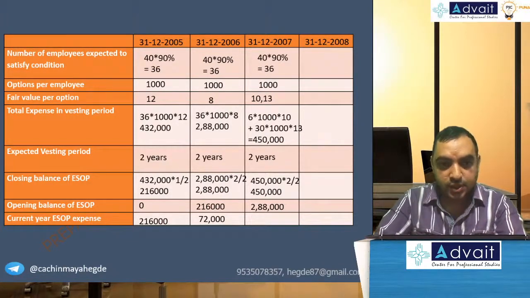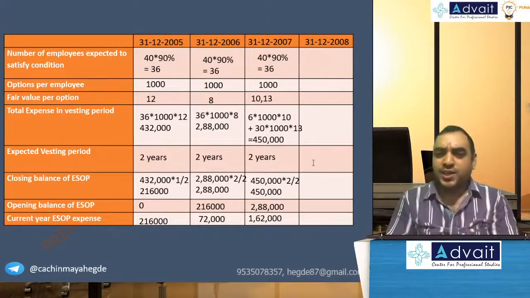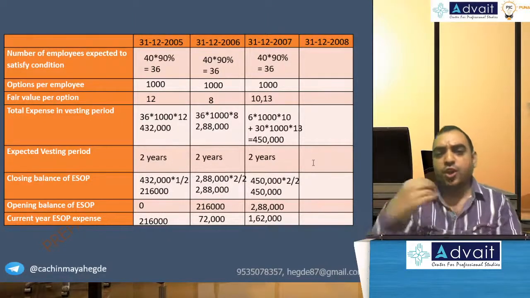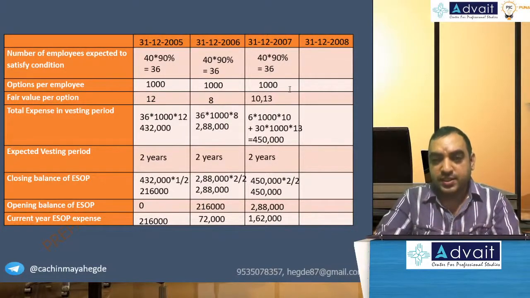Fine. 1,62,000. That is the current year expense. So any complication, let them give. Somebody exercised, somebody did not exercise, something has lapsed. All the things will fit into this format. Very simple format.